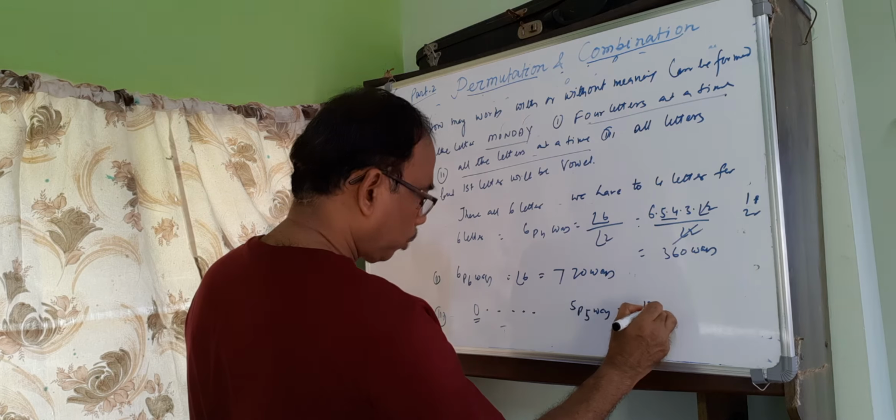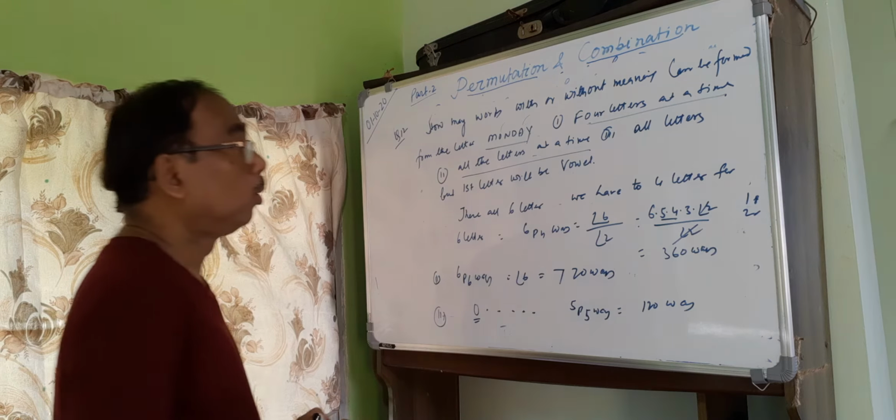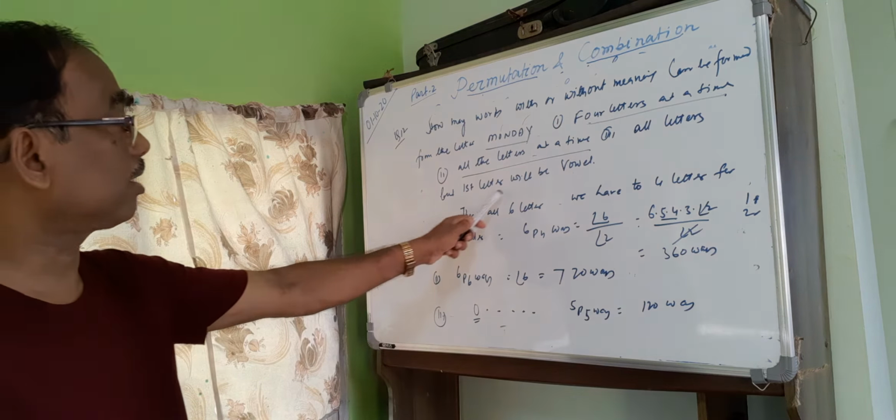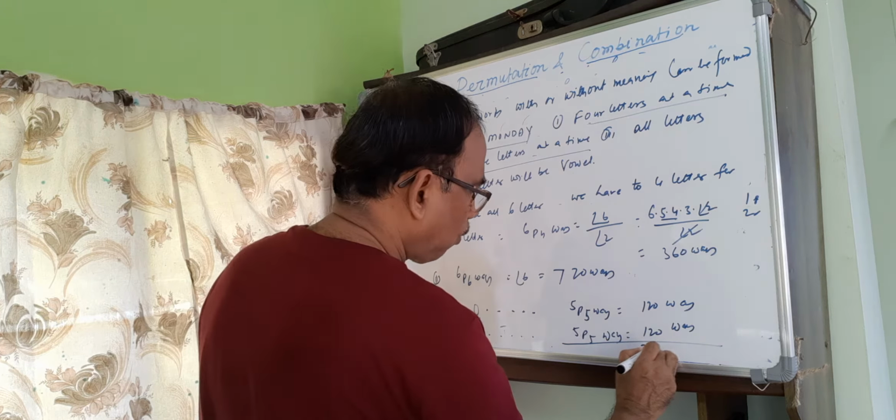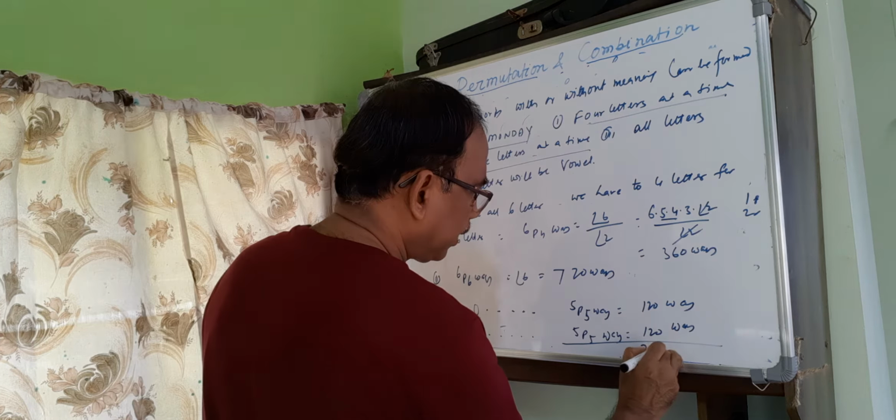That is 120 ways. Taking another vowel A at first, remaining 5 letters could be done 5P5 ways. That is 120 ways. Therefore, the total number of ways is 240 ways.